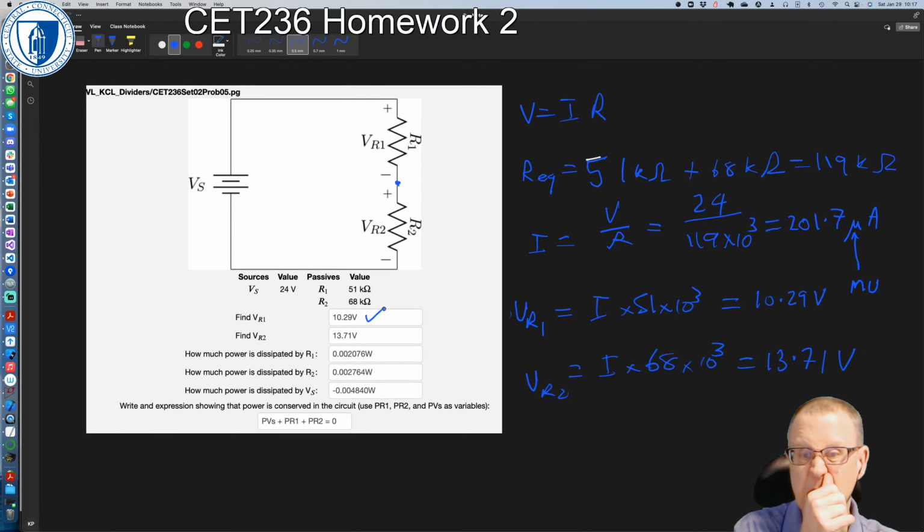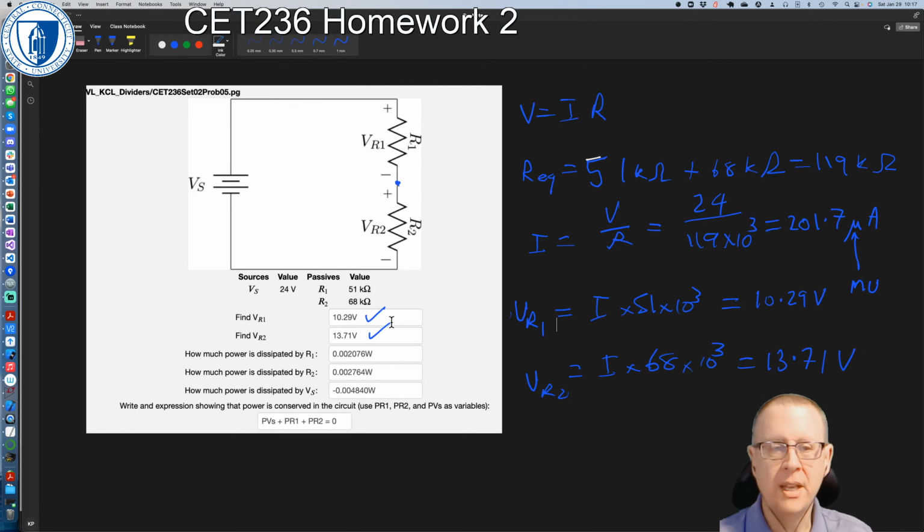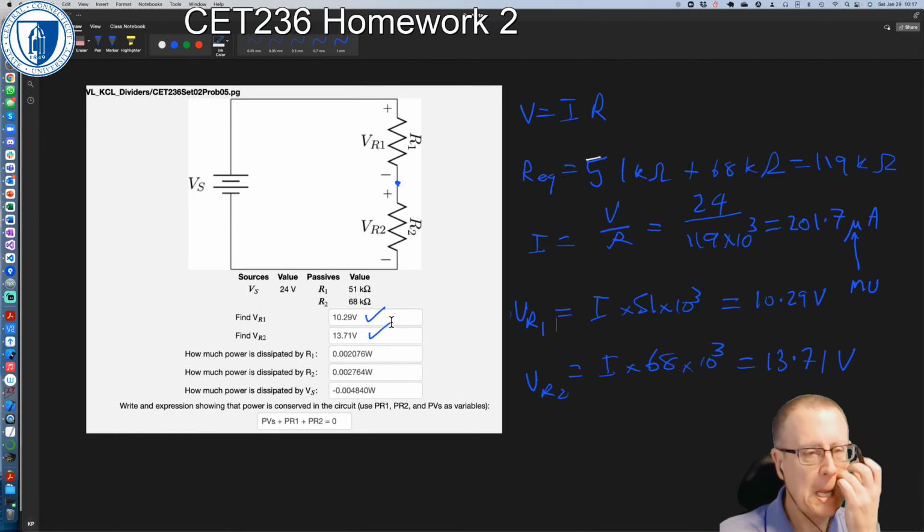And it looks like that's what I got before. And then how much power is dissipated in each resistor? We could just multiply the voltages by the currents. So let's do that.